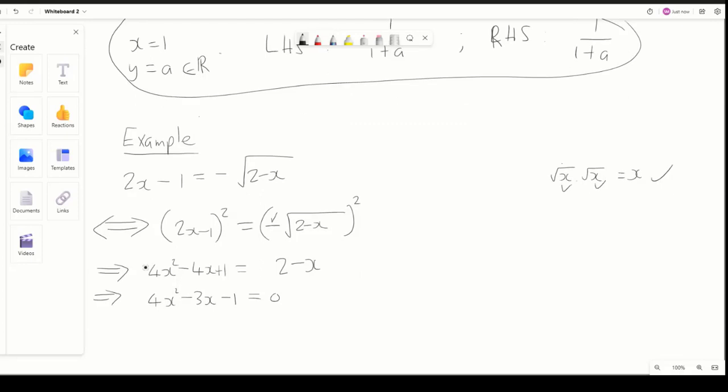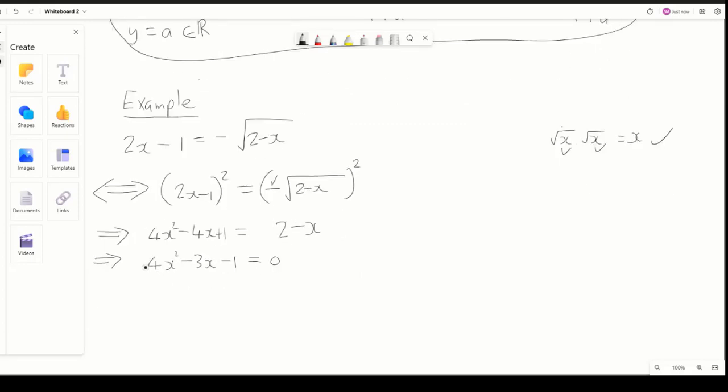So I've just transposed those terms, right? So ultimately when you factorize, this is what you get: 4x plus 1 and x minus 1.